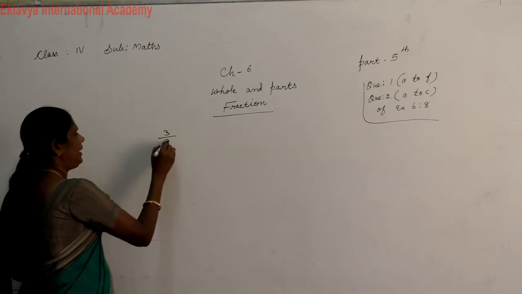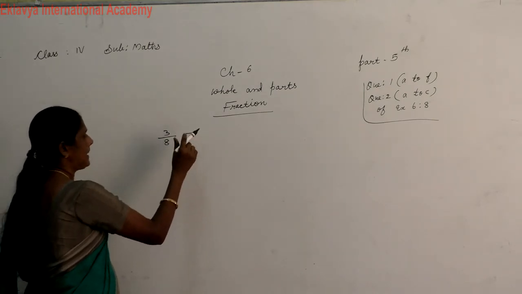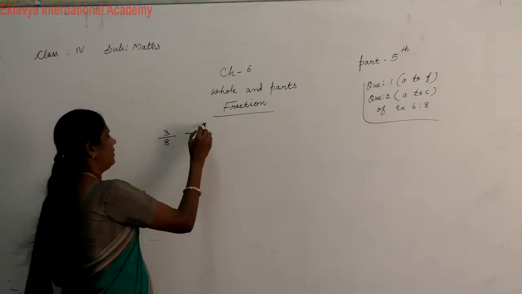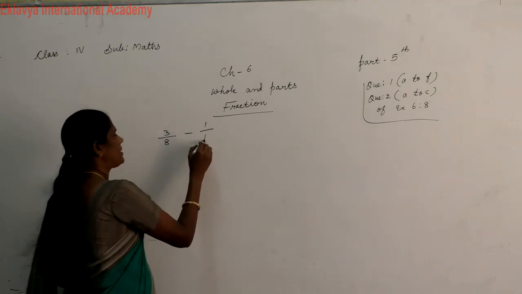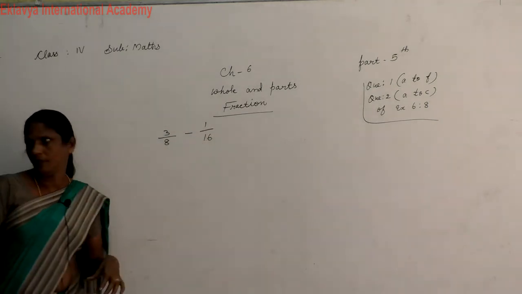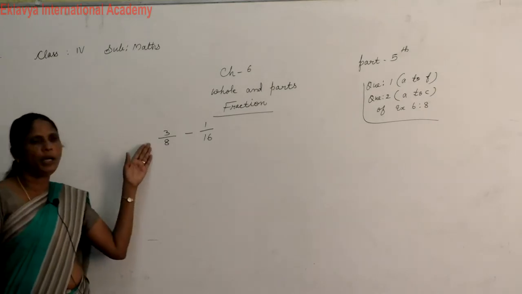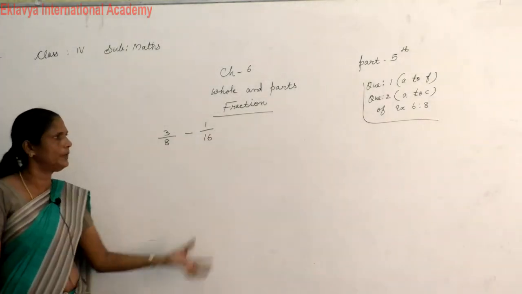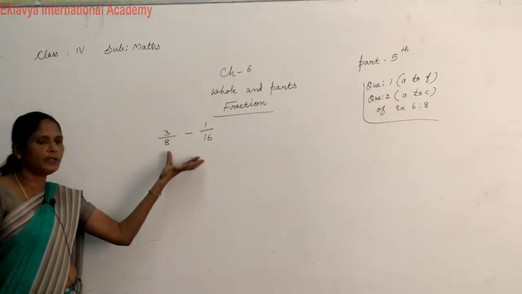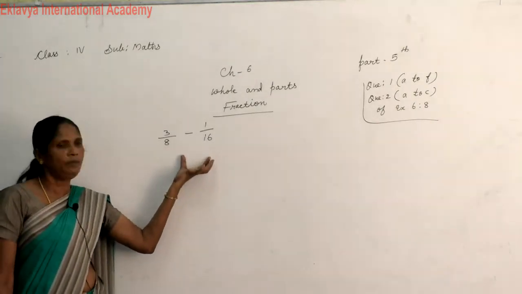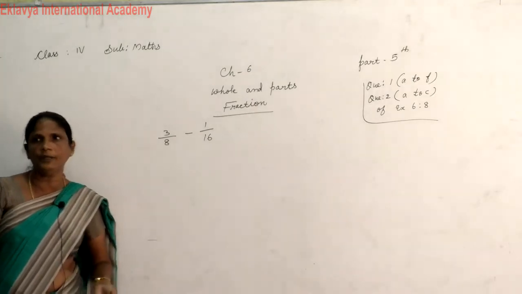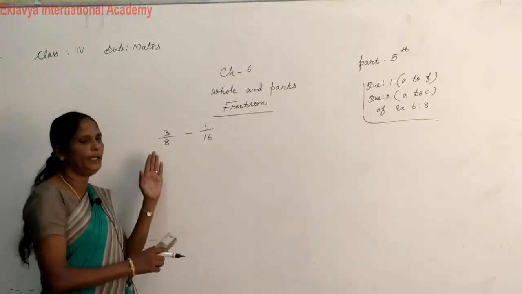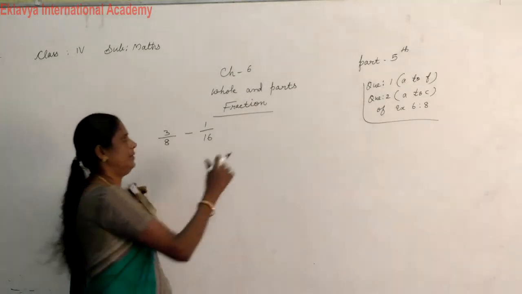3 by 8 minus 1 by 16. What is our question? 3 by 8 minus 1 by 16. Again you look here, are the denominators the same? No. First you find the LCM of 8 and 16.